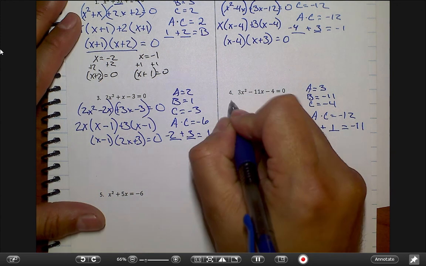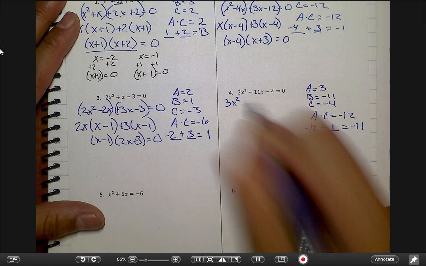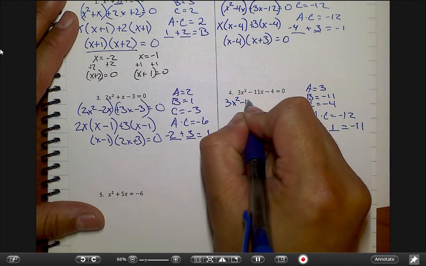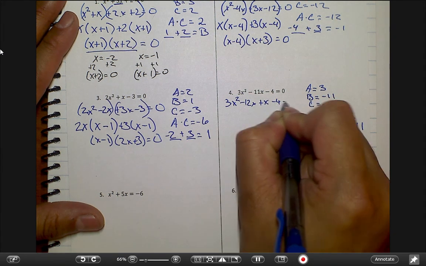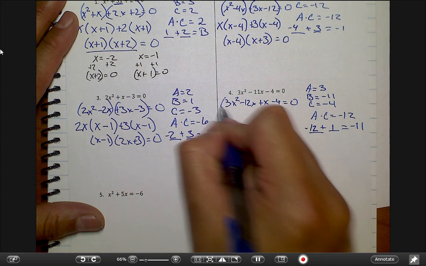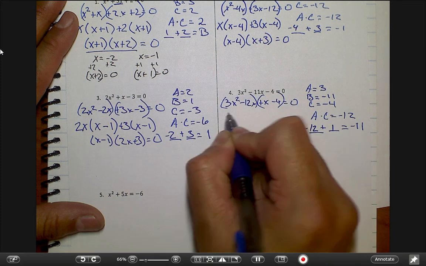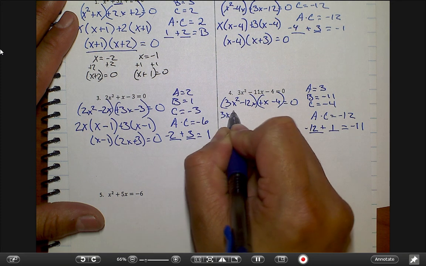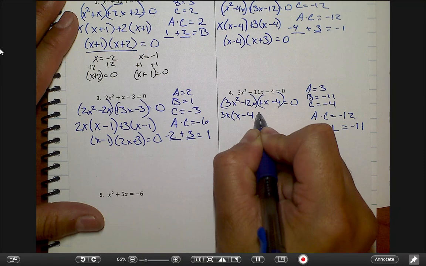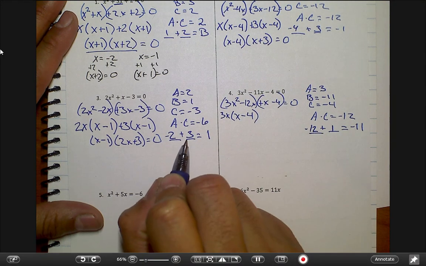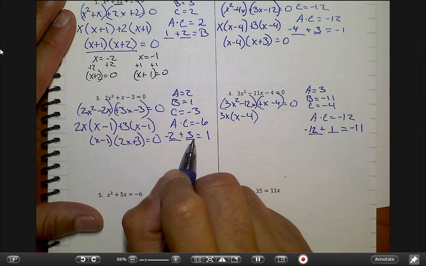All right, let's see. 3x squared minus 12x plus x minus 4 equals 0. Group. Take out a 3x, and I'm left with x minus 4. And what is one thing you could always factor out? 1, right?